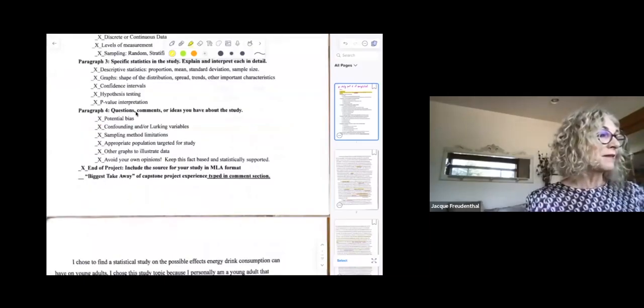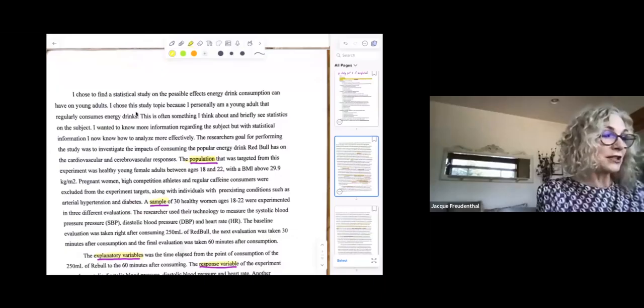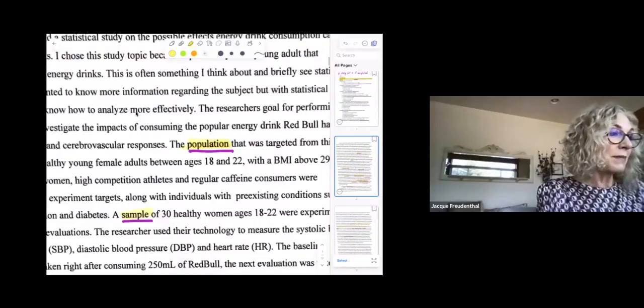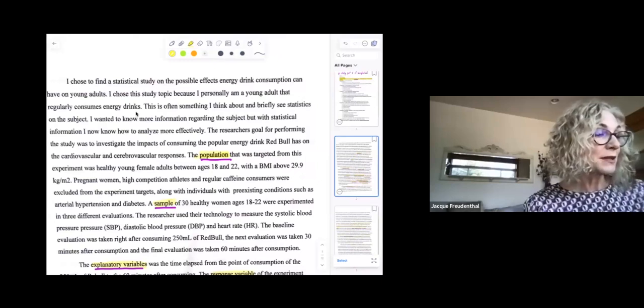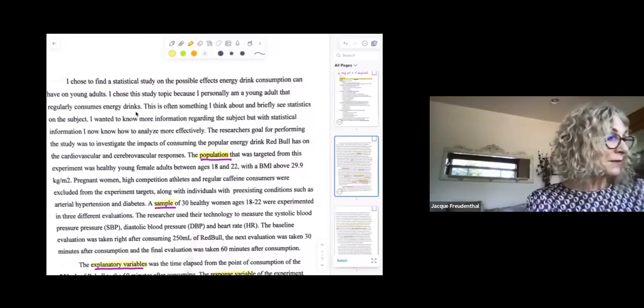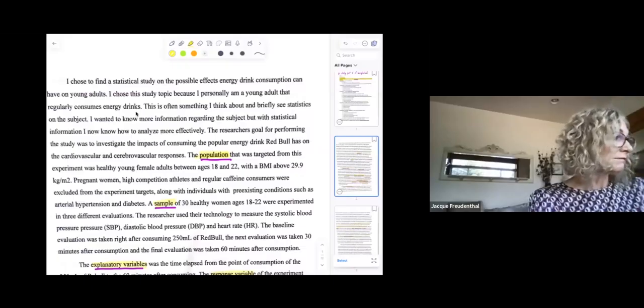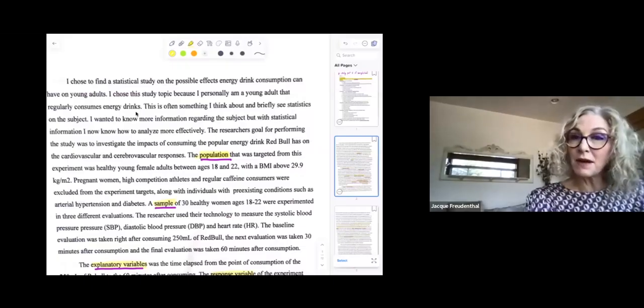In the first paragraph, I'm going to bring your eyes to where it says the population. The population targeted from this experiment was healthy young female adults between the ages of 18 and 22 with BMI above 29.9 kilograms per meter squared. So it's really detailed on what the population is.